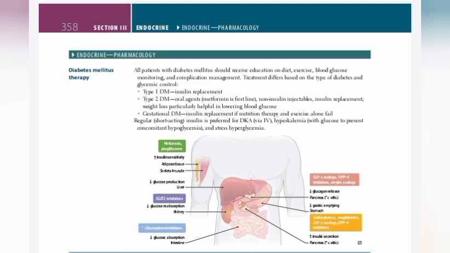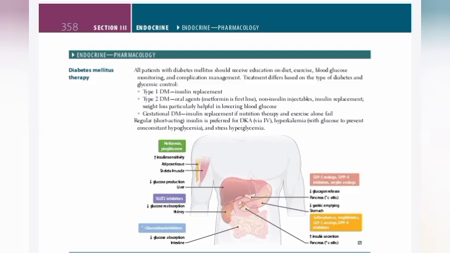Leftover are meglitinides, as they increase insulin secretion, so they definitely act on pancreas beta cells, and amylin analog which decreases glucagon release, so it acts on alpha cells of pancreas, and it acts on stomach to decrease gastric emptying.